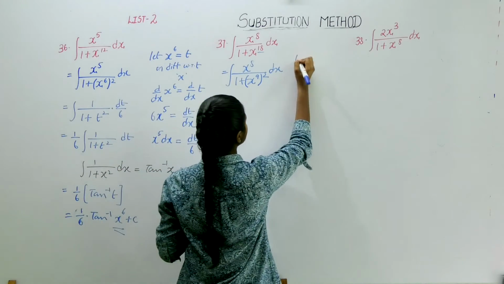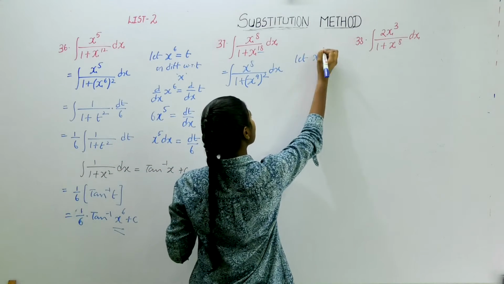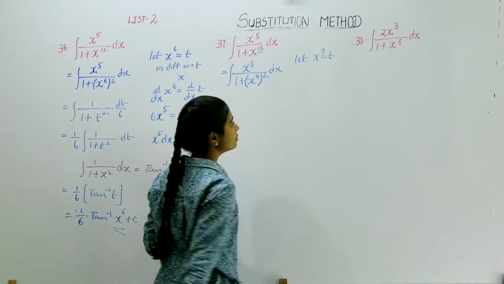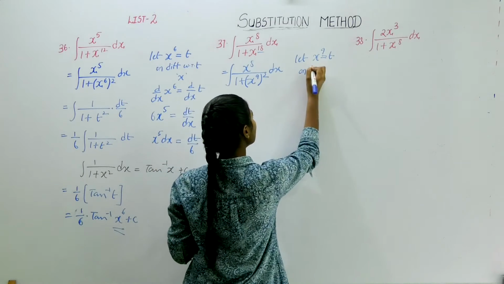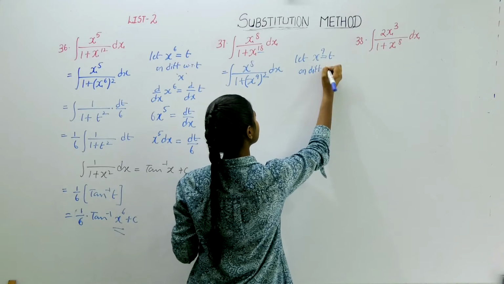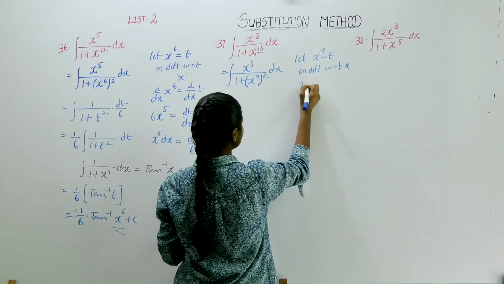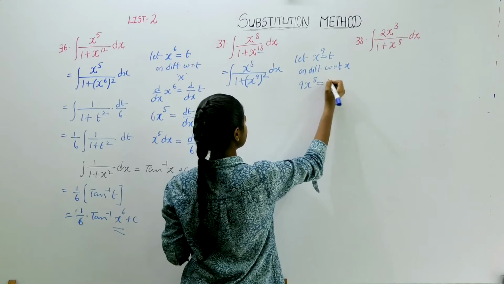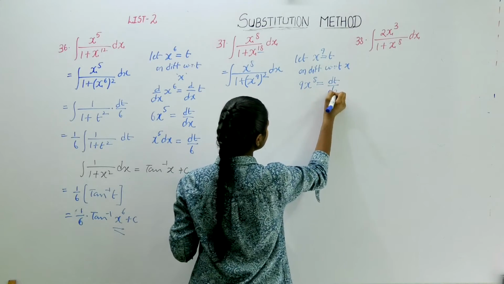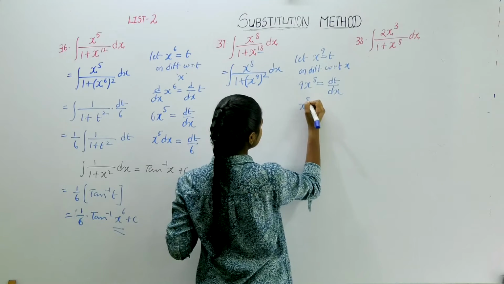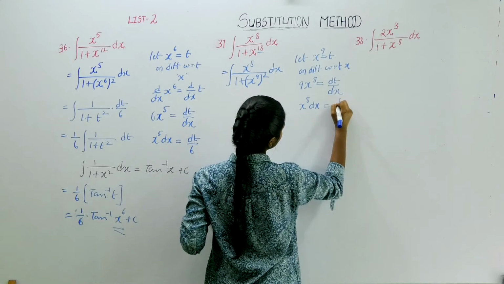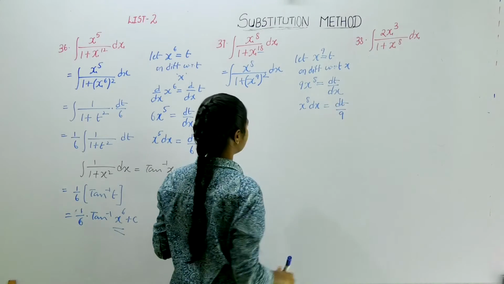Now, let us assume x power 9 is equal to t. On differentiating with respect to x on both sides, we get 9x power 8 is equal to dt by dx. And x power 8 dx can be written as dt by 9.